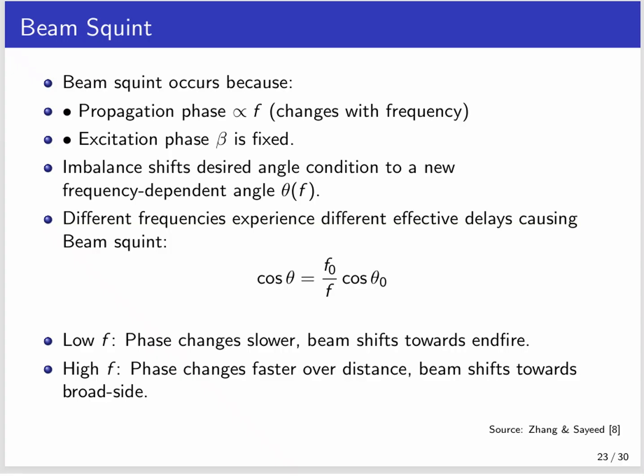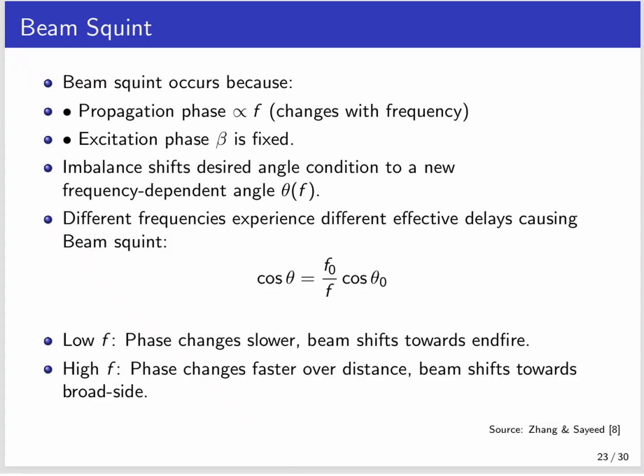This imbalance will shift the desired angle condition to some new angle which is frequency dependent. Simply, different frequencies will experience different effective delays, which causes the beam to squint from our desired direction.